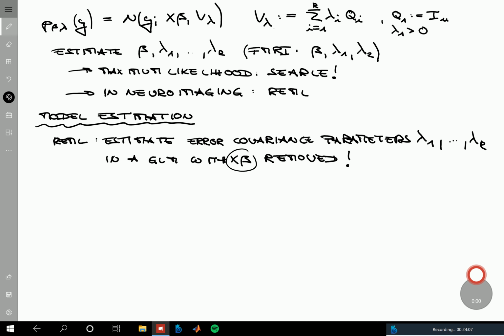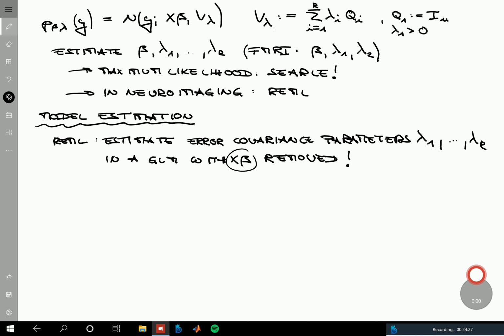The logic here for REML is somewhat the same.